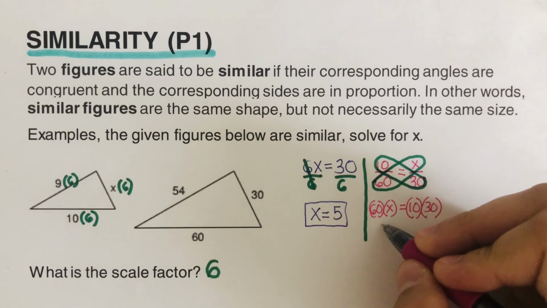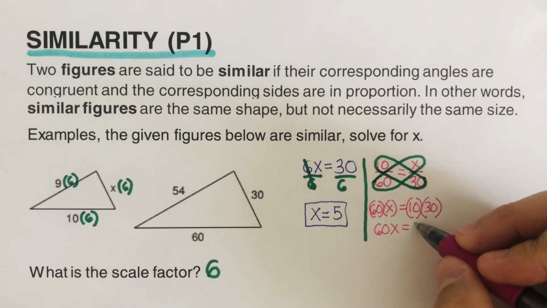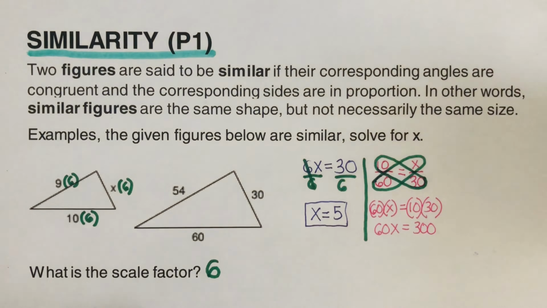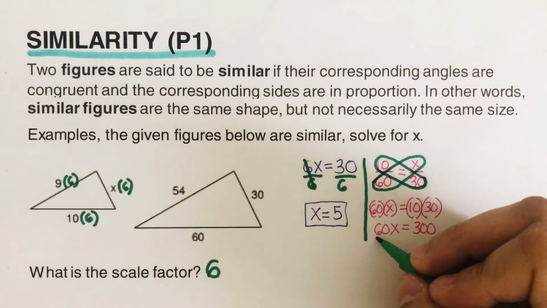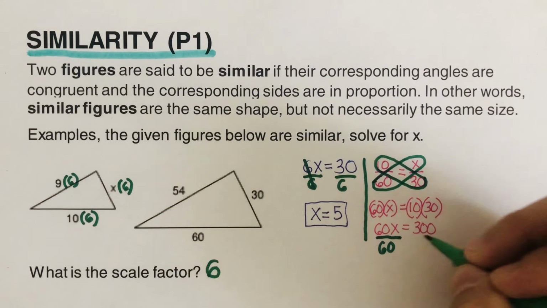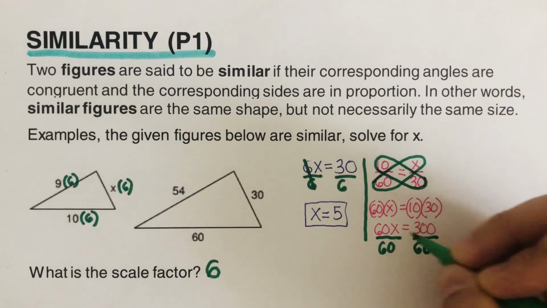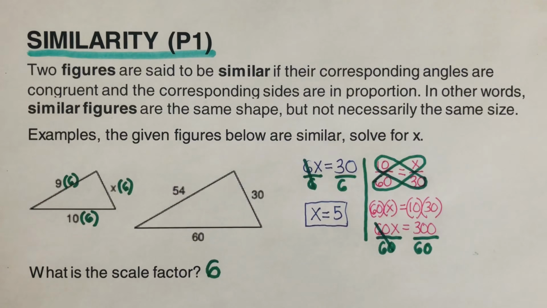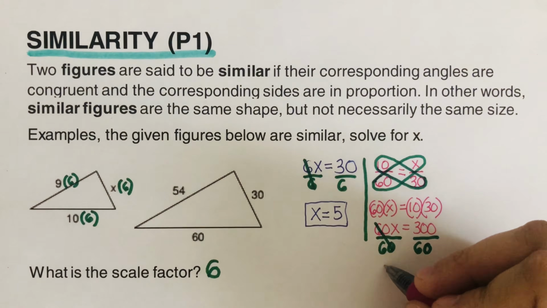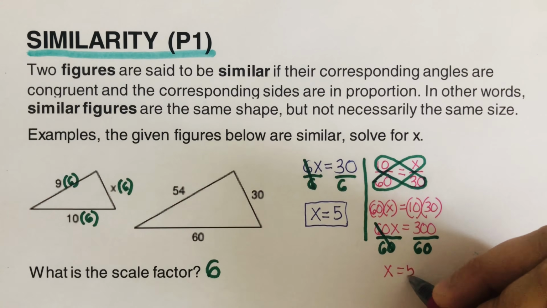So 60 times x is 60x equals 300. We divide both sides by 60. So I divide that by 60 right here. I divide this by 60. I cross the 60 out. So 300 divided by 60, x is 5. So you see, we get the same value for x.